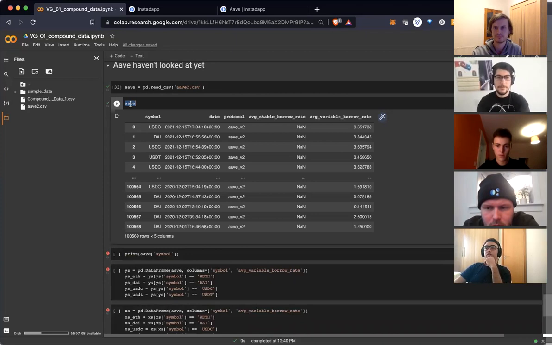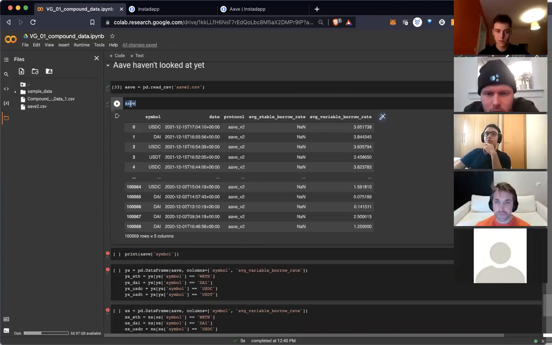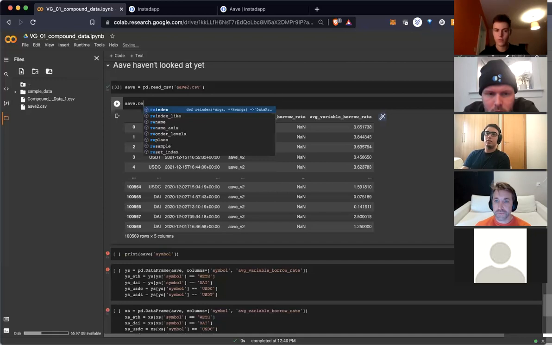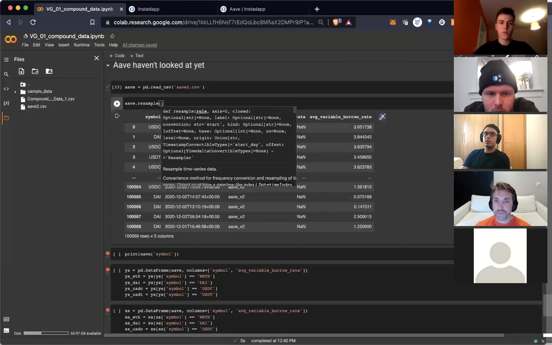I guess you could force them to be in the same time period by maybe grouping by day or hour or something. There is a function of the data frames called resample, which should be useful for that. You can resample your time series. And what would the rule be?